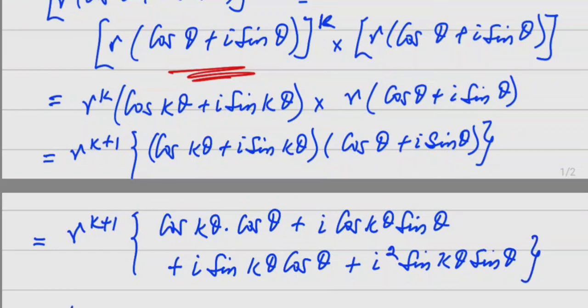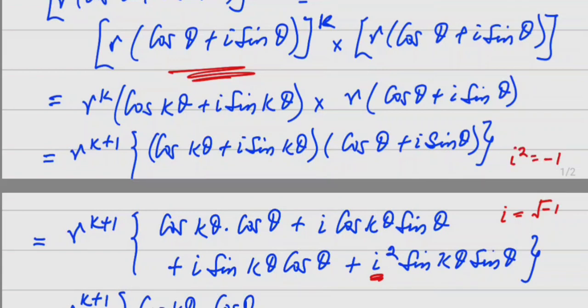Now i is root of minus 1, so i squared will be equal to minus 1.